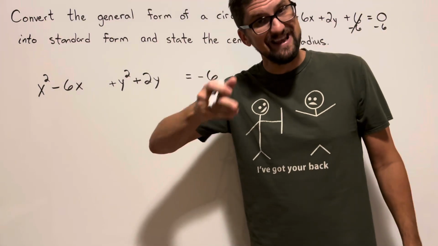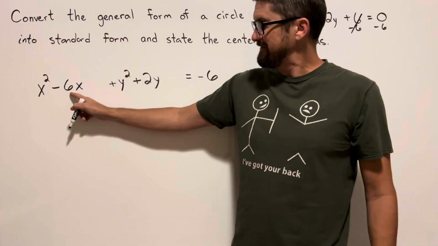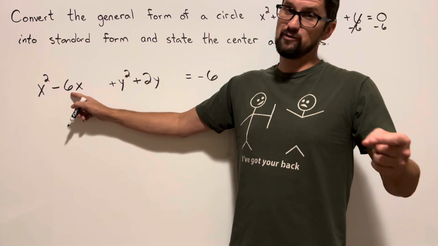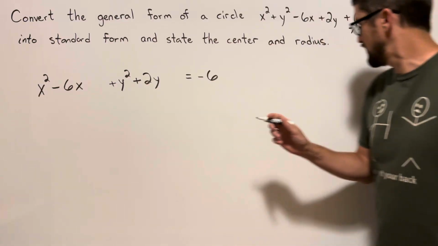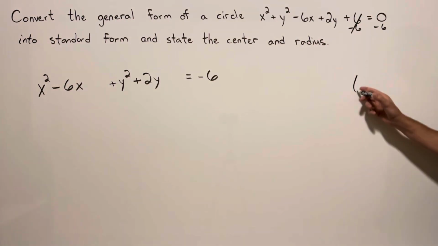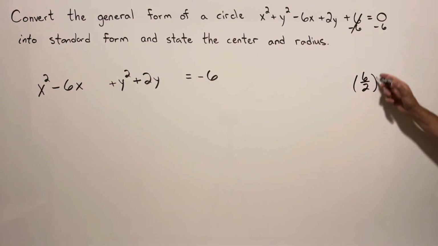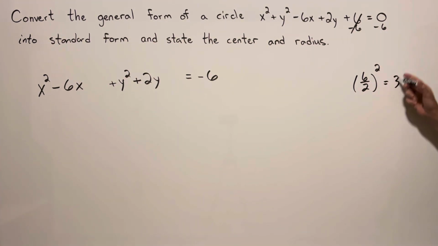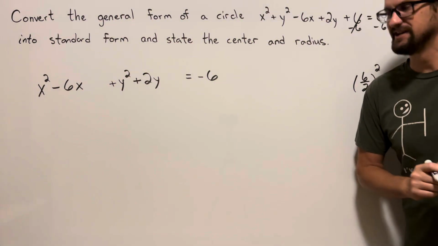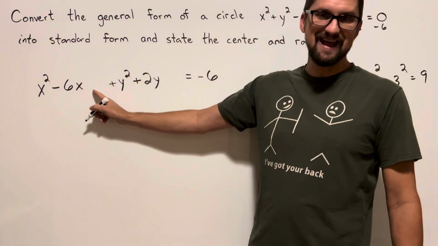You have to do it in that order. If you can't figure it out, maybe do it off to the side. We want to do half of 6 squared. So I'm taking half of 6 first, which is 3, and then squaring that to get 9. That's the number I need to add right here.